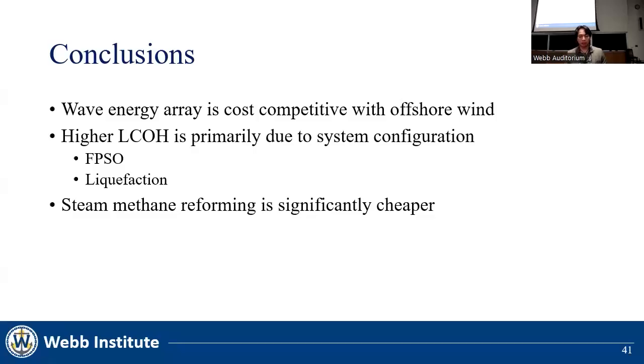Steam methane reforming was found to be significantly cheaper, primarily because it was a fossil fuel based hydrogen production method, and it is primarily a land-based operation.